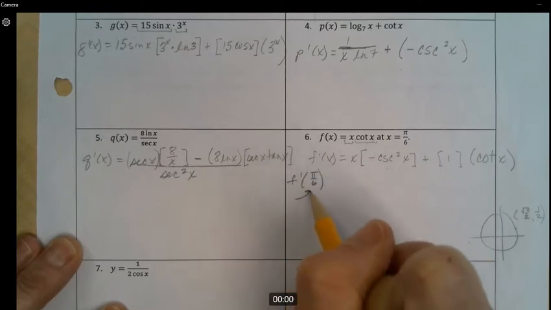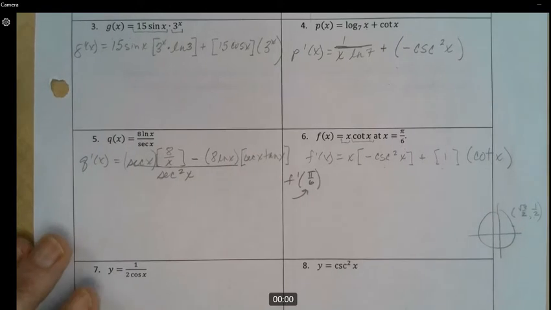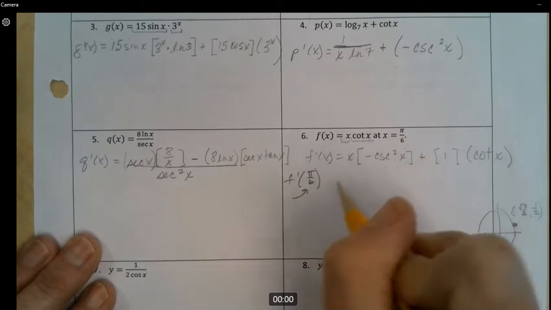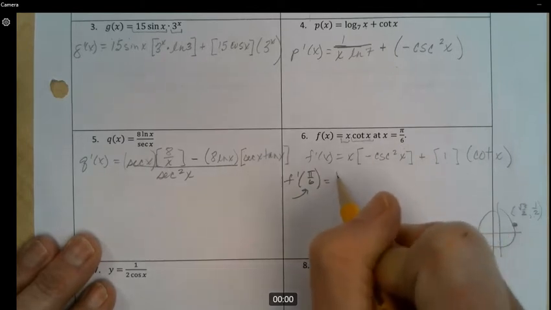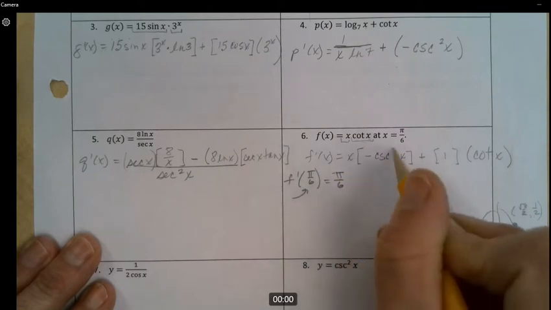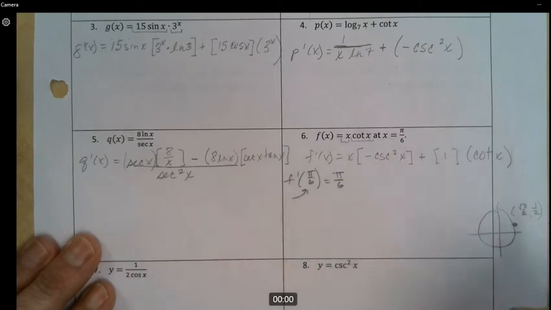And this becomes an important point. You're not solving for just any value. You're solving for when the derivative, or when the slope of the tangent line is at pi over 6. So that's going to be equal to, instead of x, I'm writing pi over 6. Now let's talk about cosecant. Cosecant is friends with sine.